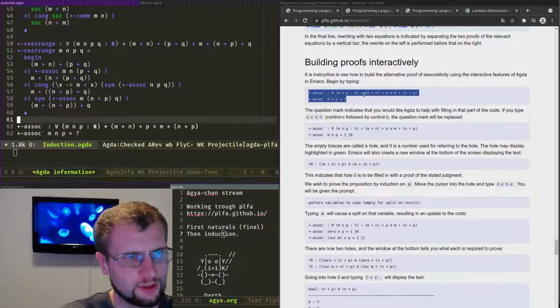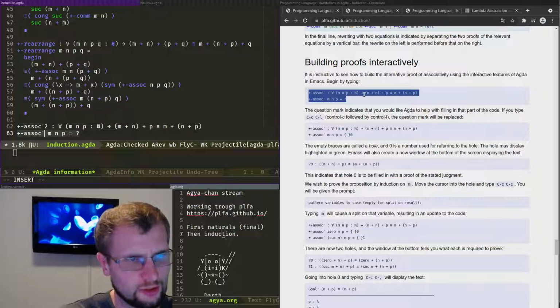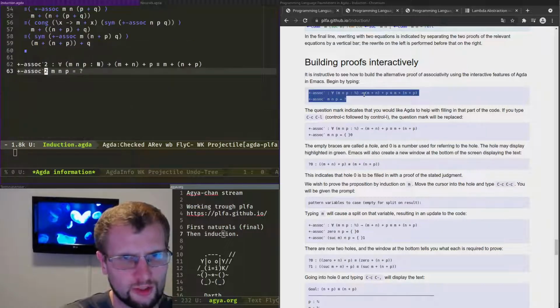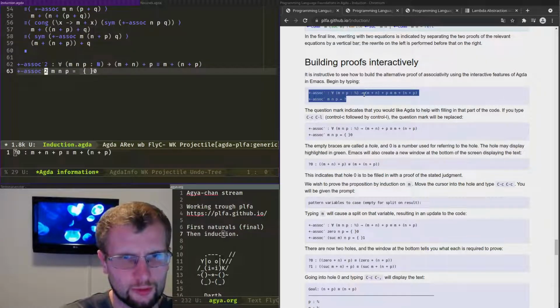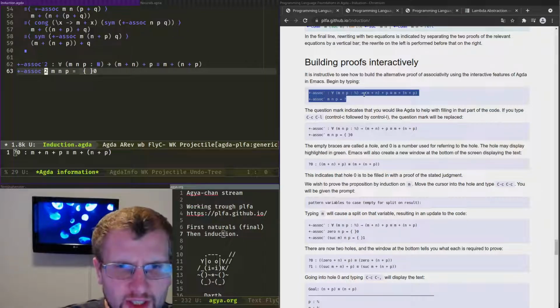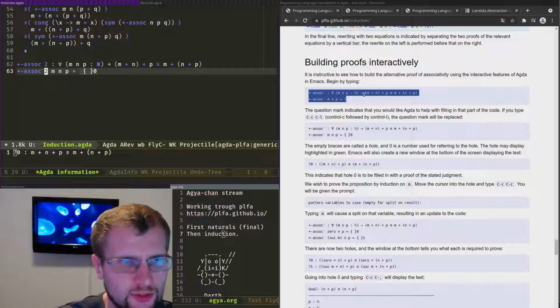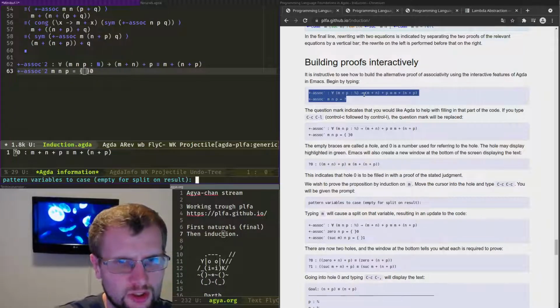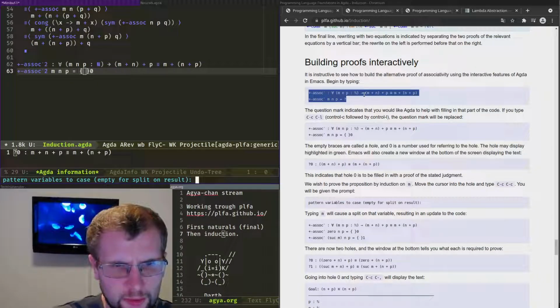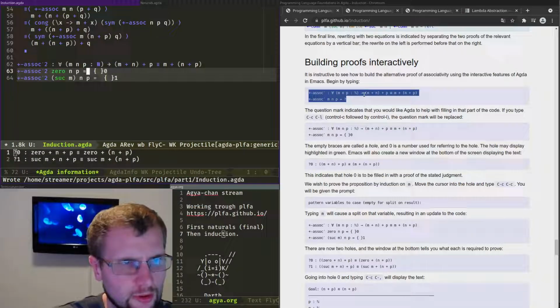So assoc, it's called assoc2. You type question mark to search the holes. We wish the proposition to be proved. Move the cursor into the hole and type Ctrl+C, Ctrl+C to split on the result. By typing the variable name, it will cause a case split on the variable. There are now two holes.